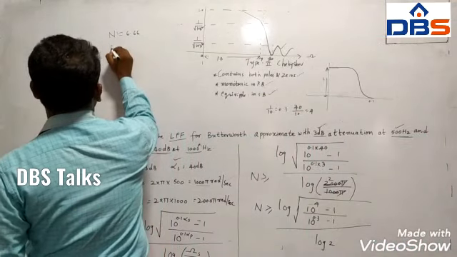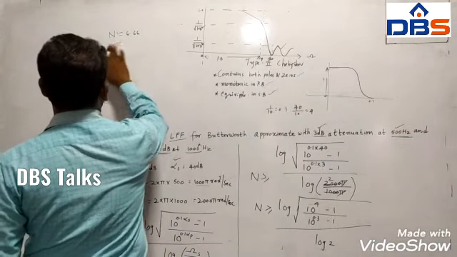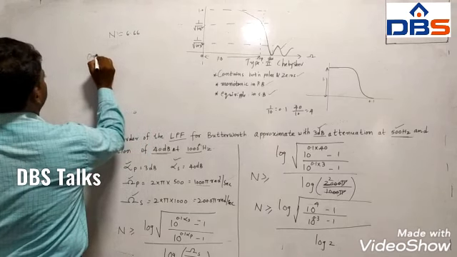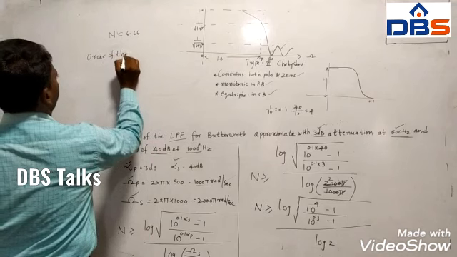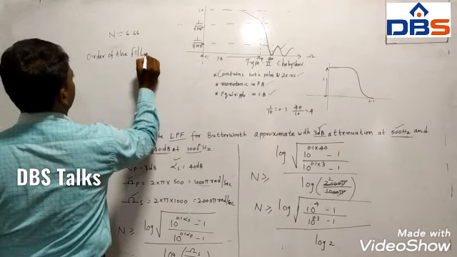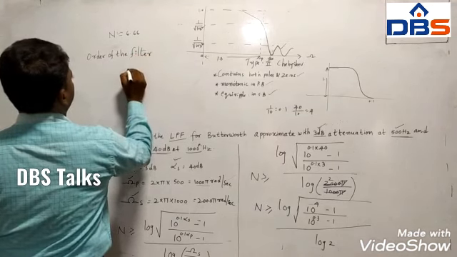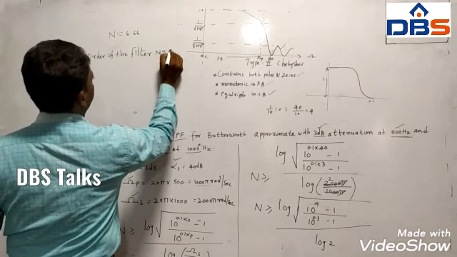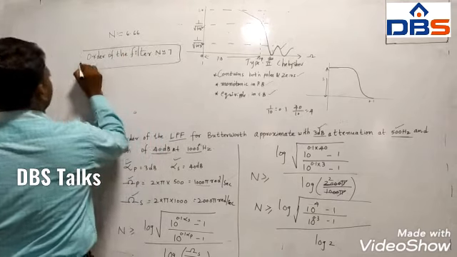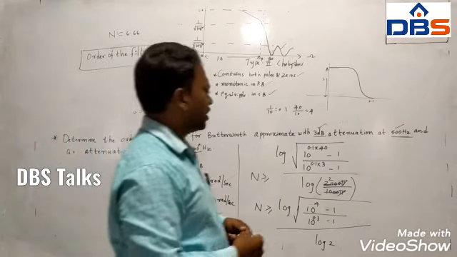So we take n, the order of the filter, as 7. Like this we get the order of any given filter.